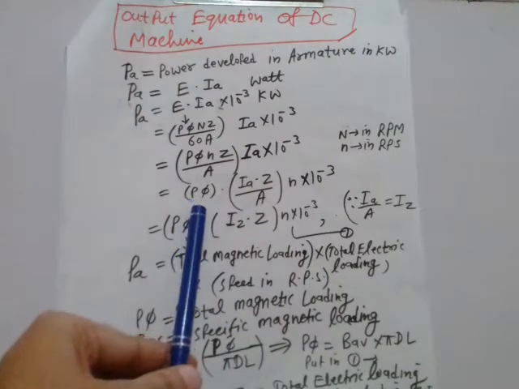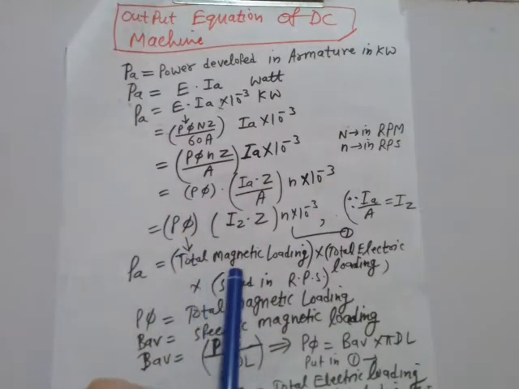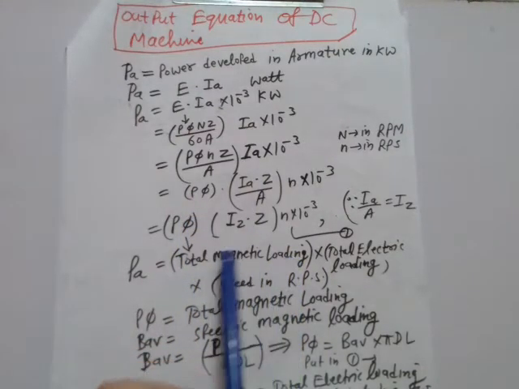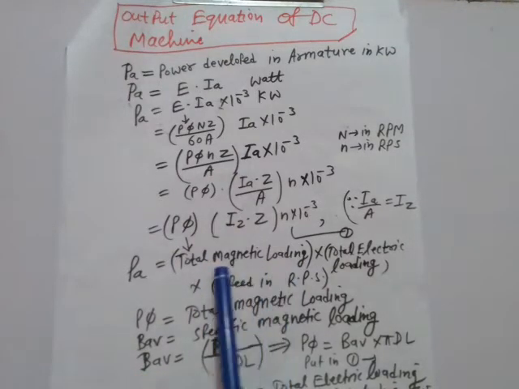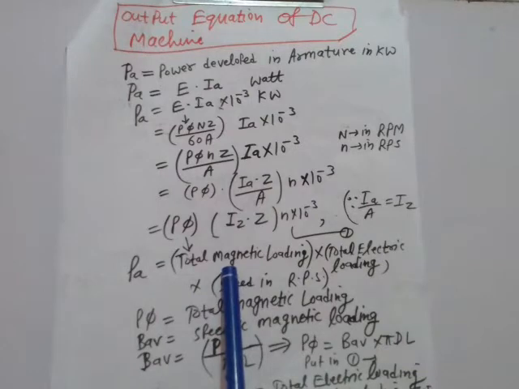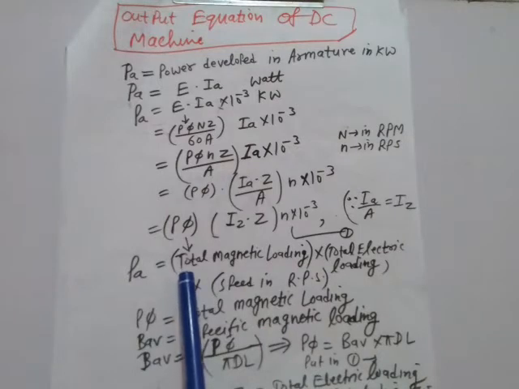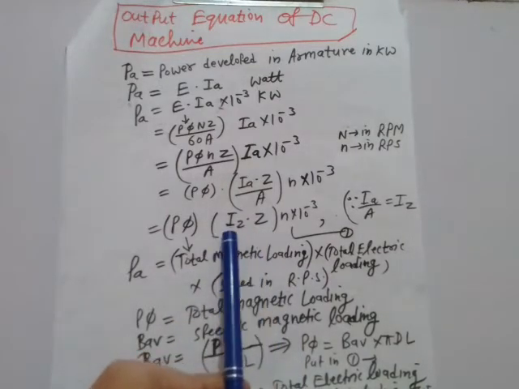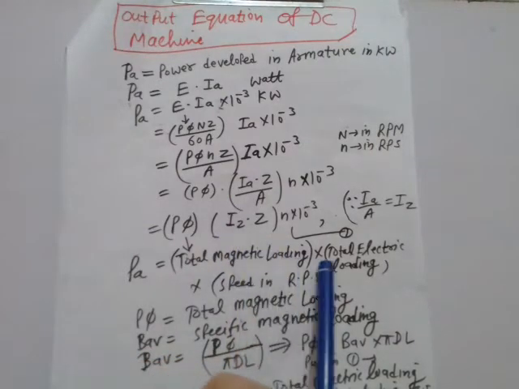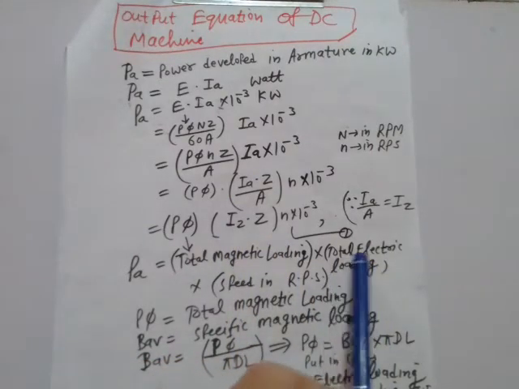This P phi, as I told you, is the total magnetic loading. Total magnetic loading is the total available flux in the machine. Now Z into IZ is the total electrical loading.